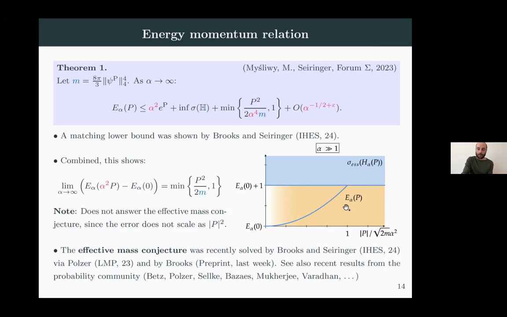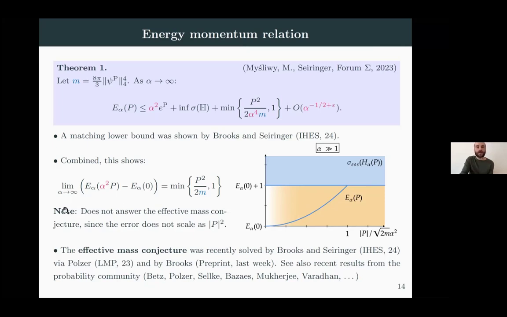So we have this regime where we still have this quasi-particle with this very large effective mass. And then once we cross the essential spectrum, it's just given by the bottom of the essential spectrum.